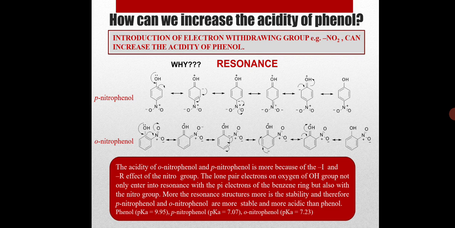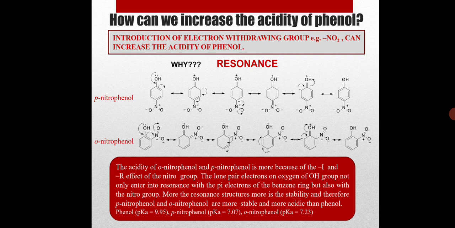The lone pair electrons on the oxygen of the OH group not only enter into resonance with the pi electrons of the benzene ring, but also with the nitro group. More the resonance structures, more is the stability, and therefore para-nitrophenol and ortho-nitrophenol are more stable and more acidic than phenol.